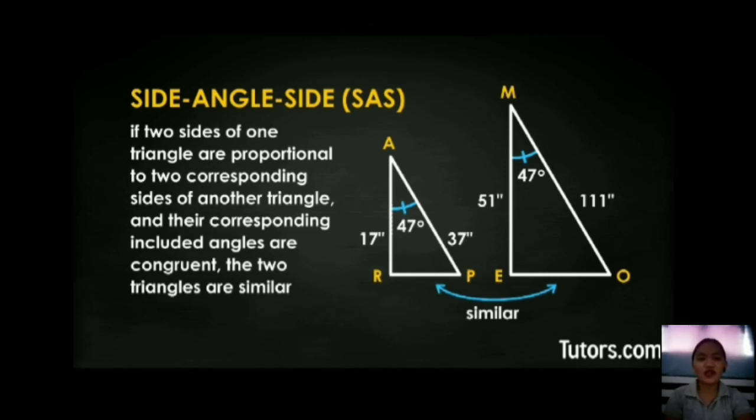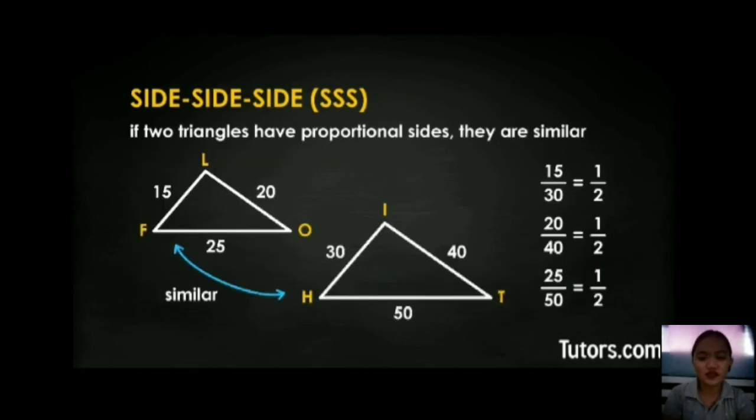Notice that the angle between the identified measured sides is the same on both triangles, which is 47 degrees. The two ratios are proportional since they each simplify to 1/3 with their included angle the same. These two triangles are similar.